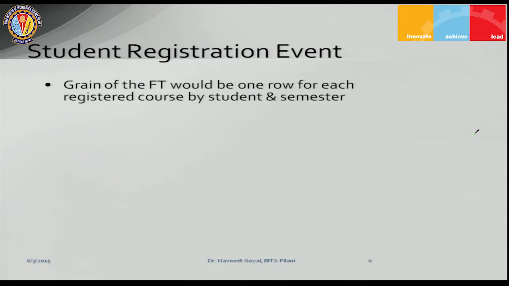So if a student registers for a course, the entries would be like this: ID number, then course number, then semester, campus, and so on, and faculty also. So he registers for a course which is taught by a particular faculty in a particular semester in a particular campus, right?